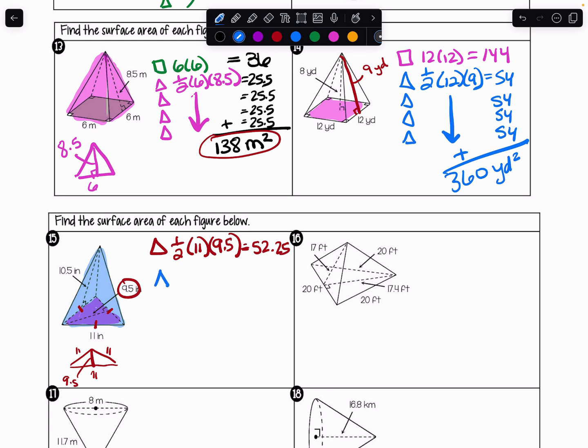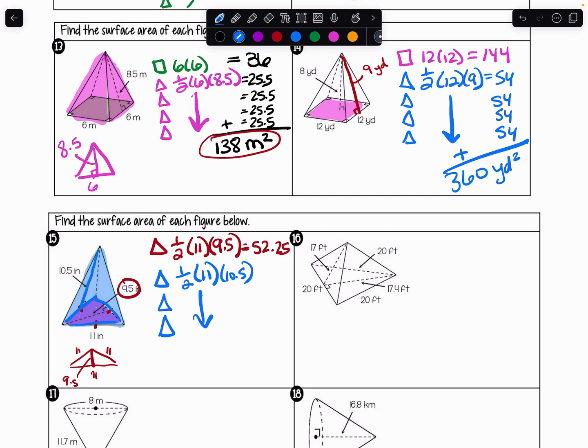So each of these 3 triangles is 1/2 of 11, because they're all 11 on the bottom, right? And then the height of one of those sides is 10.5. And these will all be the same. I'm just doing an arrow to save space and time.